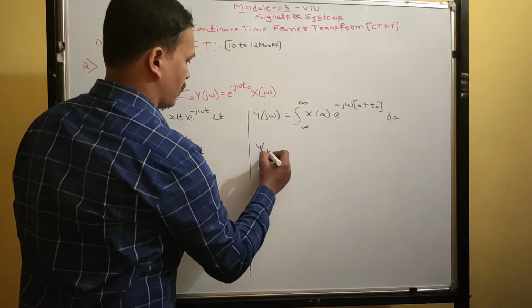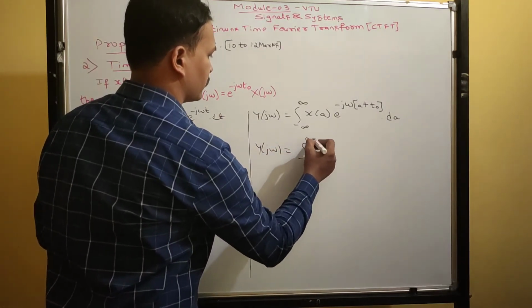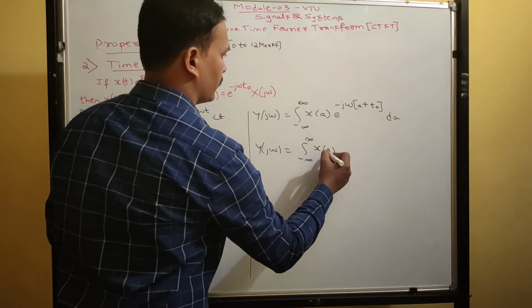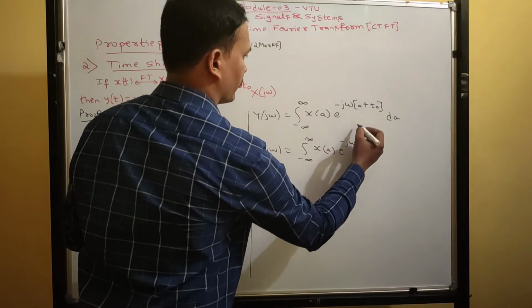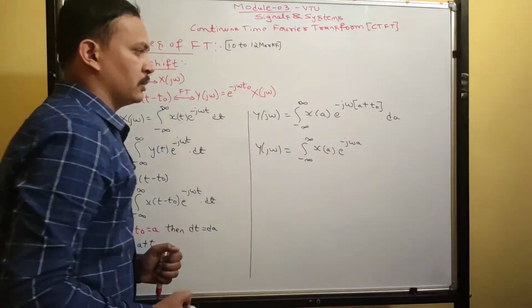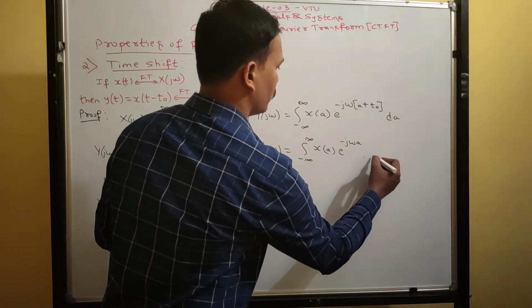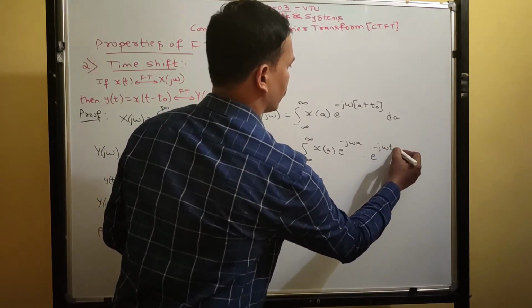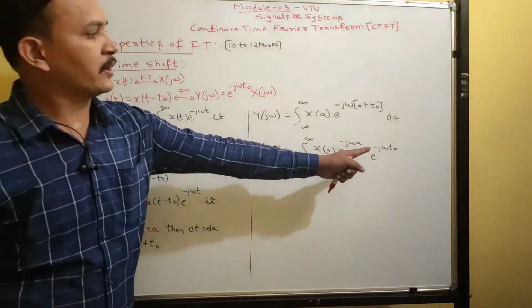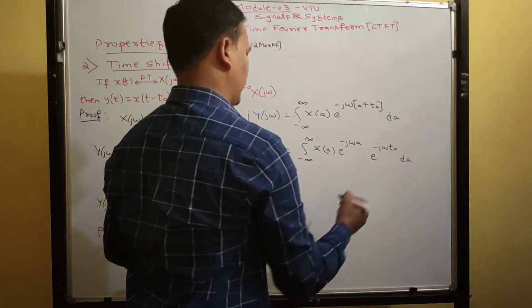Further, Y of j omega equals the integral of x of a, e to the power of minus j omega a, that is one term, into e to the power of minus j omega t naught, another term, into dA.